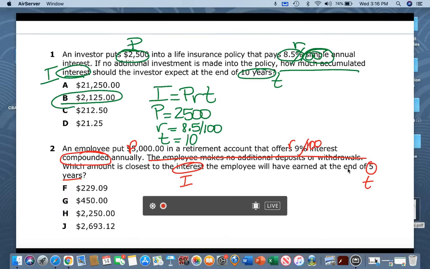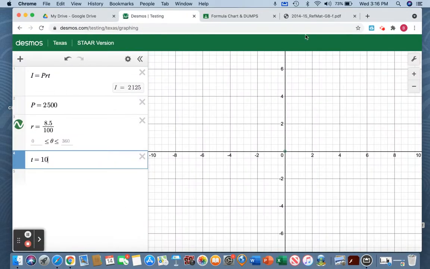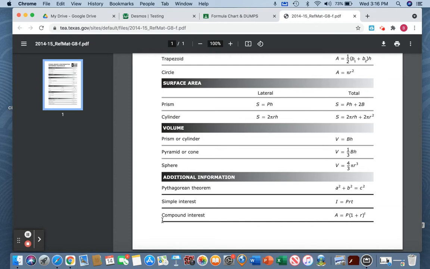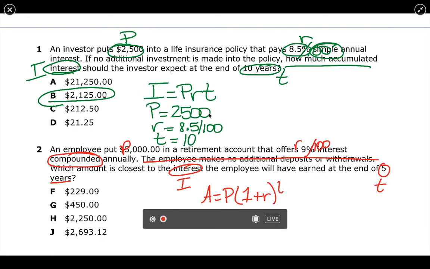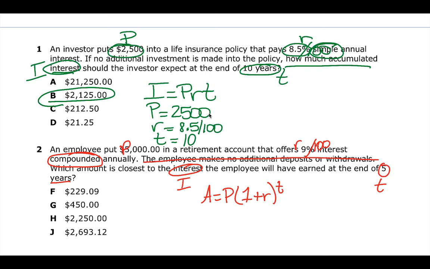So I'm going to the formula chart. And compound is A equals P parentheses 1 plus R to the T power. Tell my formula what everything equals. Write it all out.